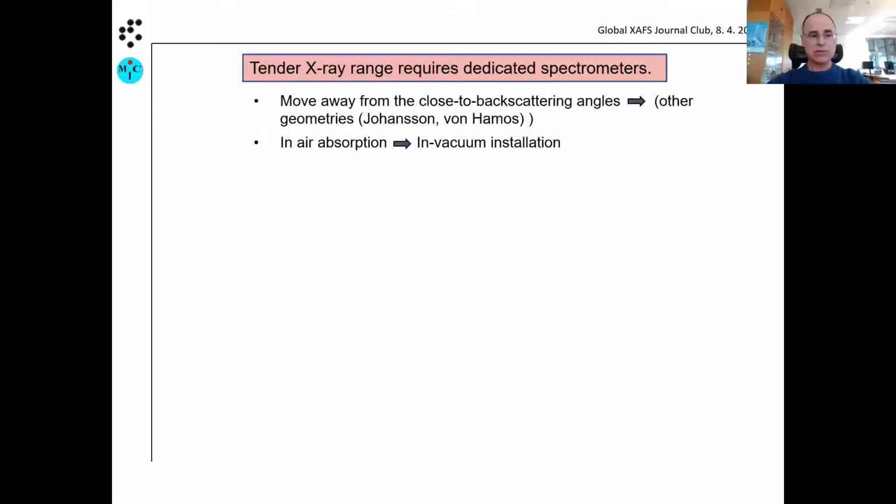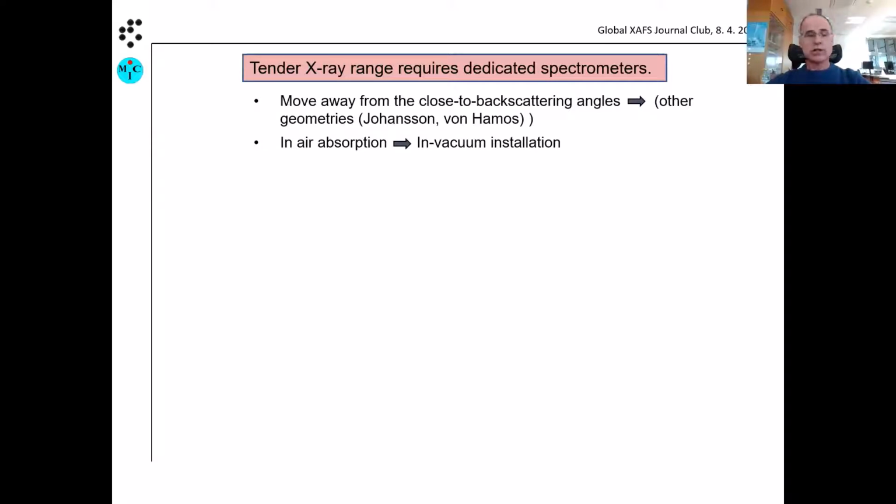And what is the reason why you cannot use these typical, very powerful Johann-type spectrometers? First of all, they usually operate in a relatively narrow angular range, because they want to work close to the backscattering angles, where the resolution is best and you don't have these aberrations. You can always find a good crystal cut to go higher in energy.